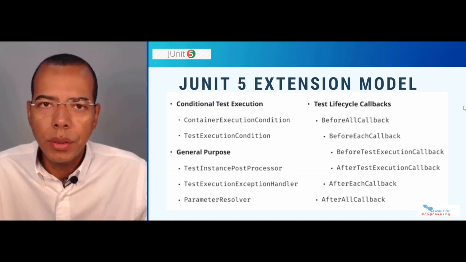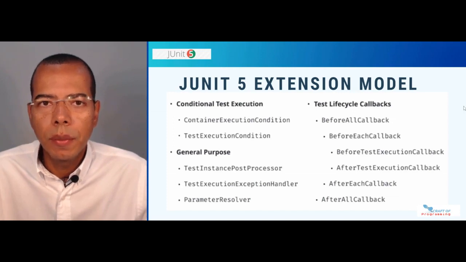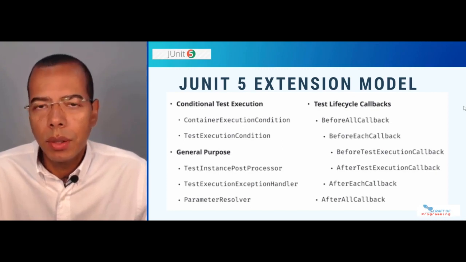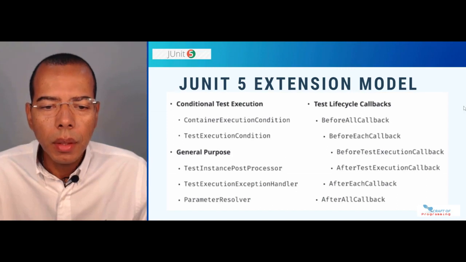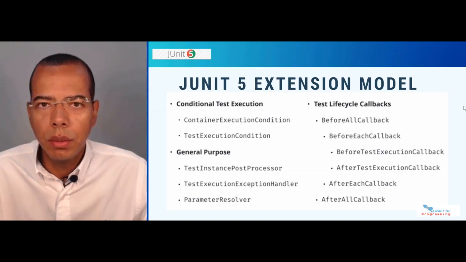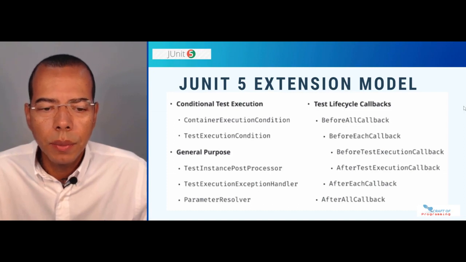So these are basically just interfaces that you would have to implement to customize the callback behavior. The conditional test execution category is basically the ones that control whether or not a test runs, and container is at basically the entire class, and the test is a condition on whether or not you want a specific test to execute.